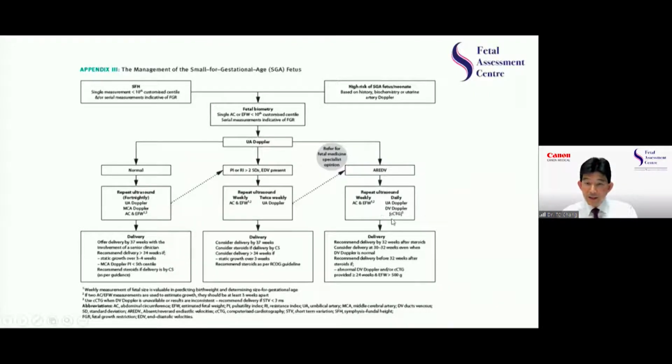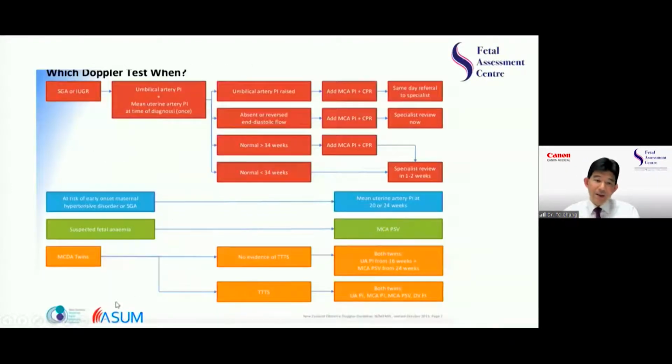In this particular guideline, they actually suggest that we do daily umbilical artery Doppler and daily ductus venosus Doppler and daily CTG. In other guidelines, like this ASM guideline from the New Zealand Maternal Fetal Medicine Society, they do expect you to refer the fetus for same-day review by the maternal fetal medicine specialist for further assessment.